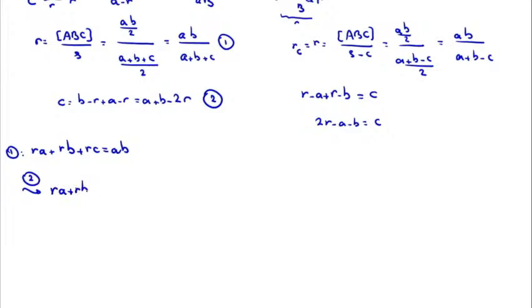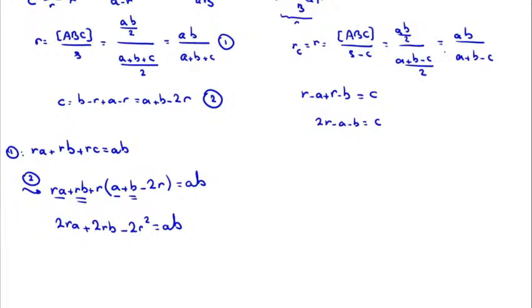So it will be RA plus RB plus R times (A plus B minus 2R) equals AB. Now, RA plus RA equals 2RA, RB plus RB equals 2RB, minus 2R squared equals AB. So, here I can say it is this.